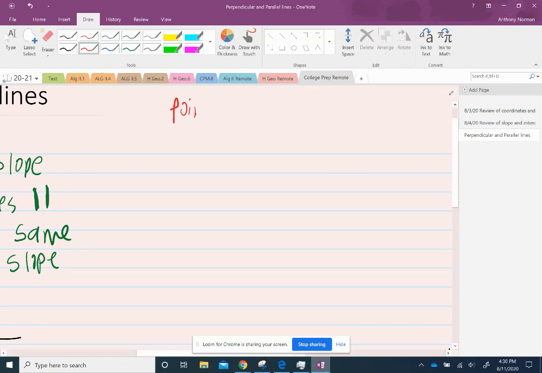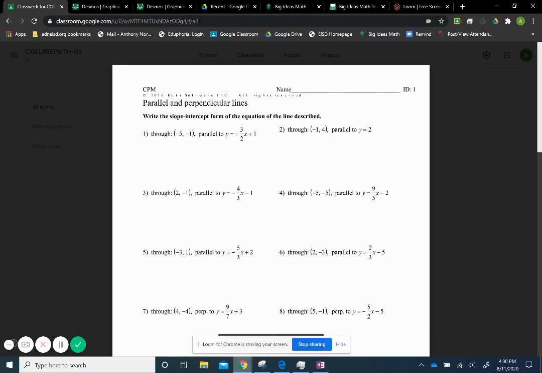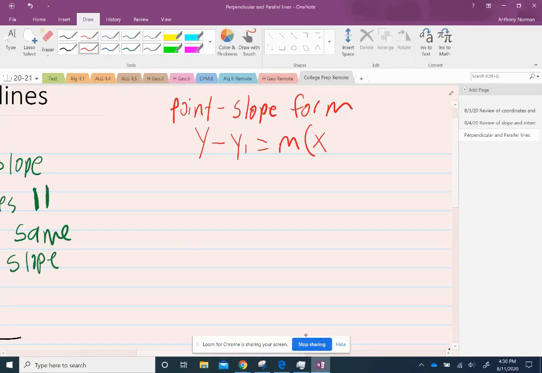Point slope form, that's simply y minus y1 is equal to m times x minus x1. Point slope form: y minus y1 is equal to m times x minus x1.